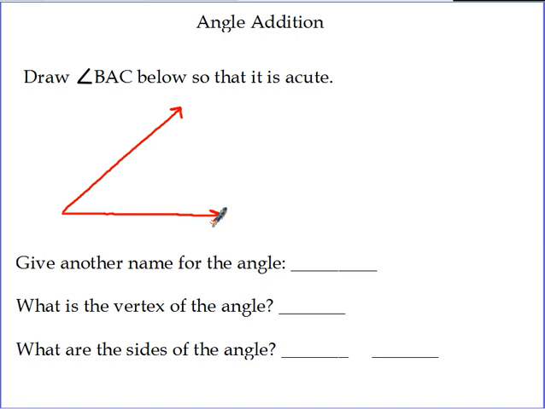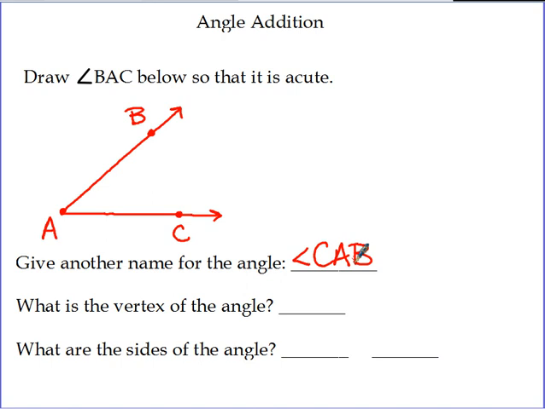And now to label it, I know that this has to be A because your vertex is always in the middle. And then the other two points will be B and C. So there we go, we have angle BAC. Another name for this angle, I could also call it CAB, because the order of the B and C doesn't matter, just as long as your vertex is in the middle.